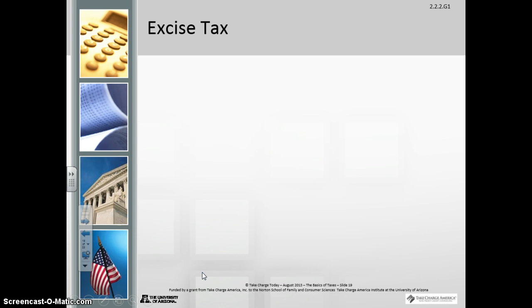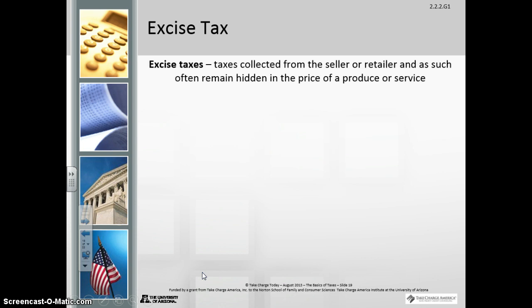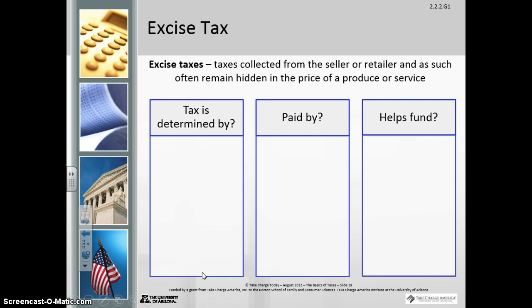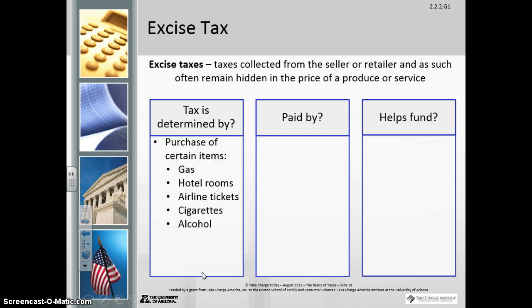Excise tax. Excise taxes are collected from a seller or retailer, and as such often remain hidden in the price of the product or the service. In other words, sometimes you don't even realize you're paying it. The tax is determined by purchases of certain items, things like gas. You don't see the tax that's built into the gas.